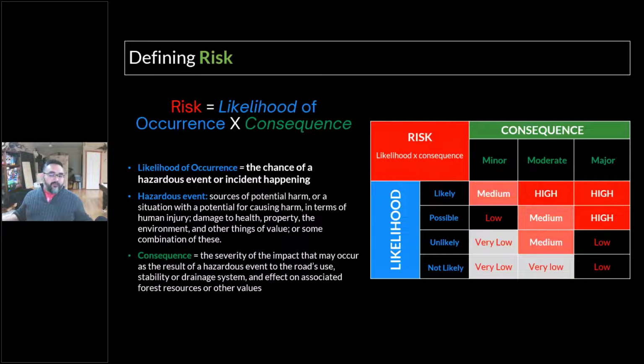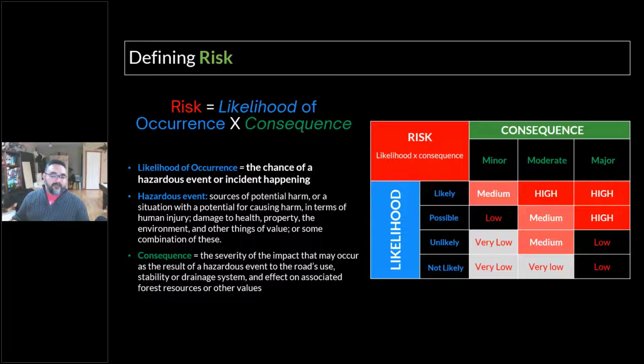And risk is a formula. It's a likelihood of an occurrence times the consequence. And that likelihood of occurrence is just the chance of something happening, of a hazardous event happening. That hazardous event is anything that has the potential to harm, and that's health and safety, environment, damage to infrastructure, or any combination of those things. So that's the likelihood of the occurrence of that hazardous event times the consequence.